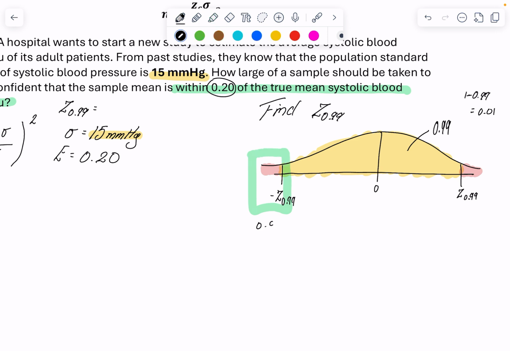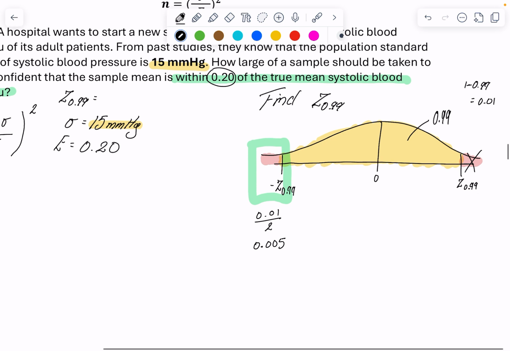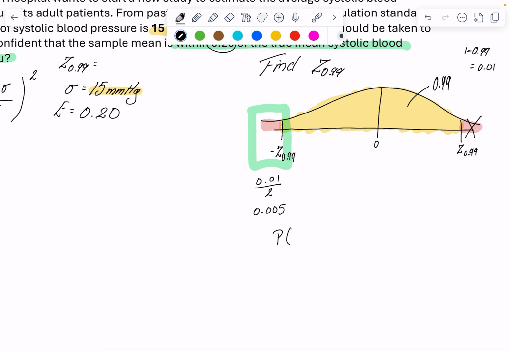If we're only finding the left boundary, because our table is usually given to the left-sided boundaries, we're going to have to divide that area by 2 because we're not considering the area at the right tail, and that'll give us 0.005. Okay, so the probability that z is going to be less than negative z of 0.99 is going to be 0.005.